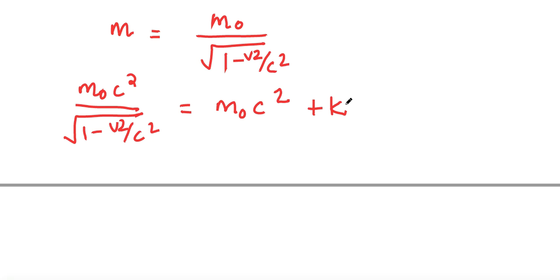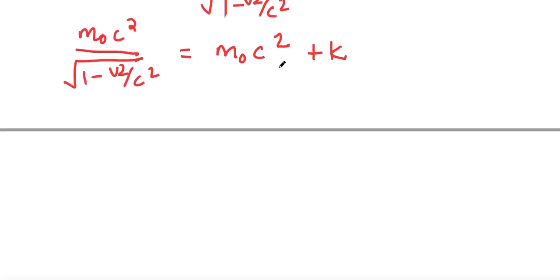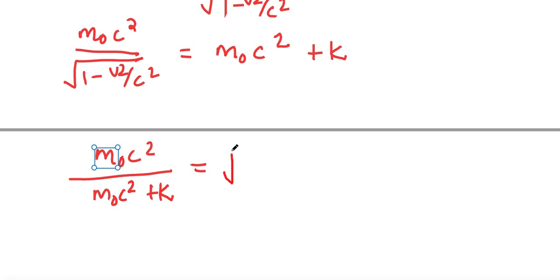Now what can we find out from this? This m0 c square plus K goes here, and the root of 1 minus v square by c square goes to the right side. So we can write m0 c square by (m0 c square plus K) equal to root of 1 minus v square by c square.